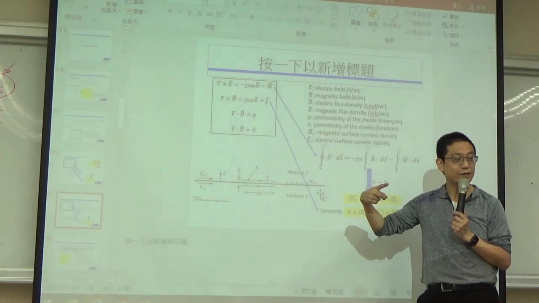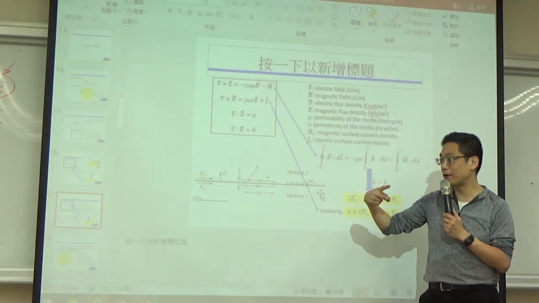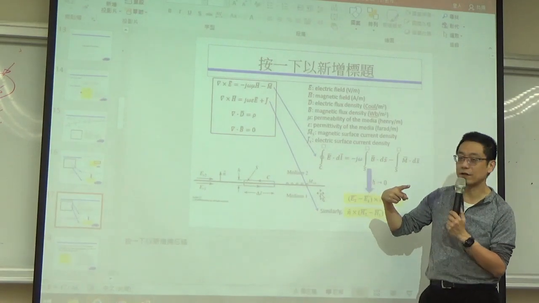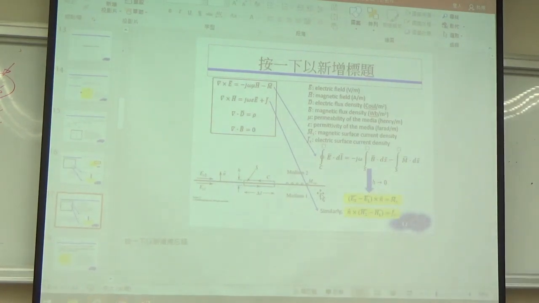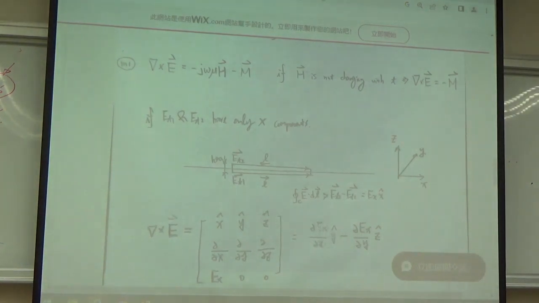You understand? So your result will become minus Y. So actually you left this one and you have a minus sign for that one, and this one is disappeared.